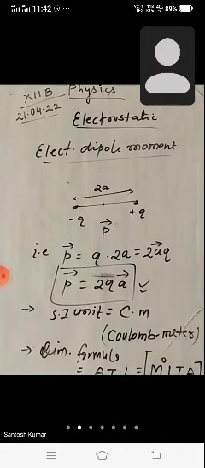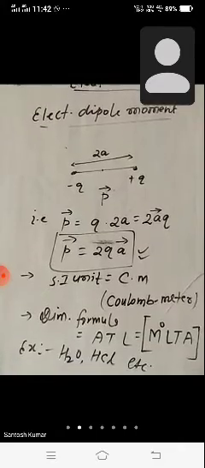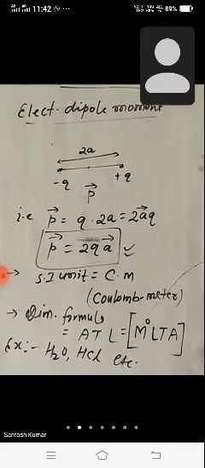Just note down, we will erase and move further. So in the case of water and hydrochloric acid, there is an electric dipole moment.